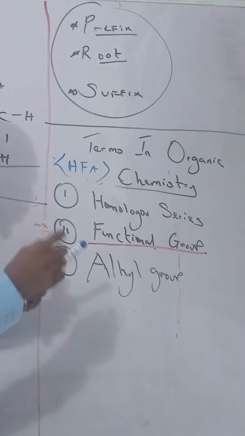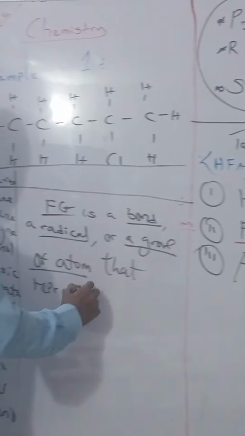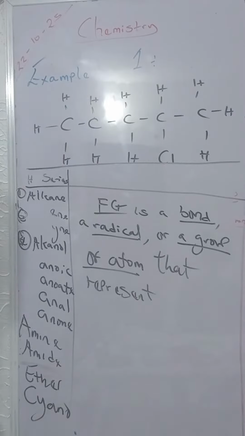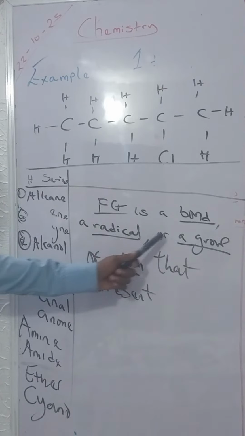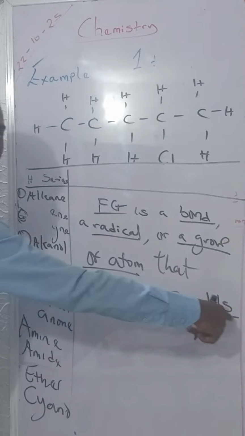Let's go down, guys. So, what's a functional group? The first thing I want you to know is this: a functional group, FG, is a bond, a radical, or a group of atoms that represents a homologous series.